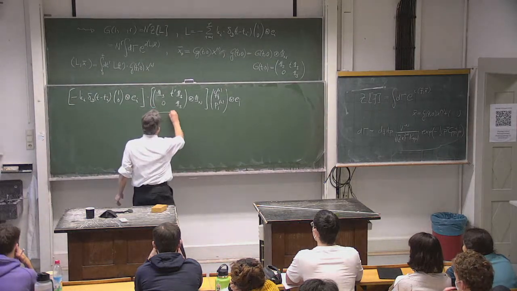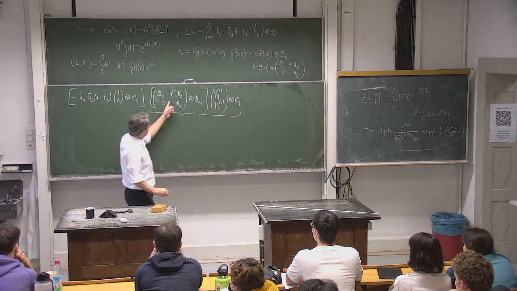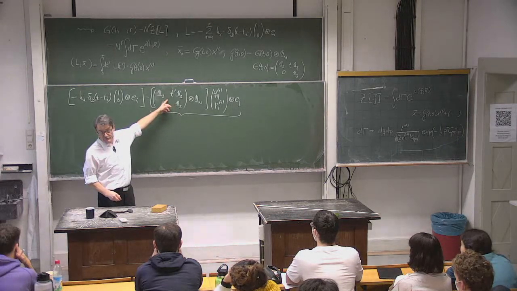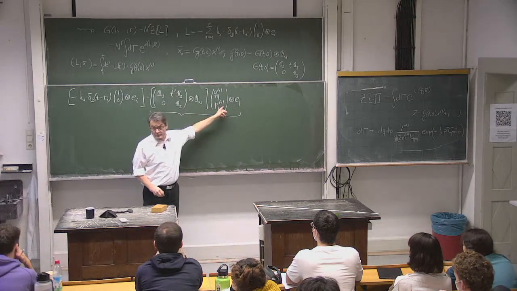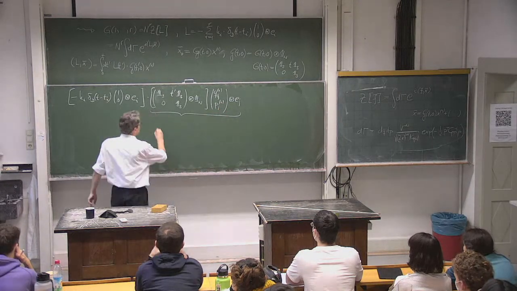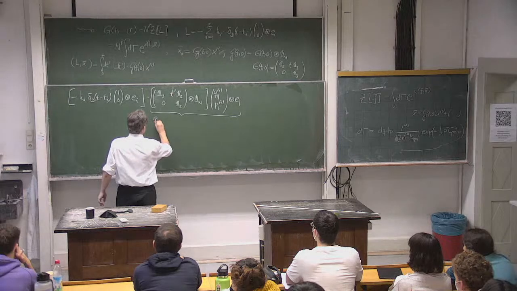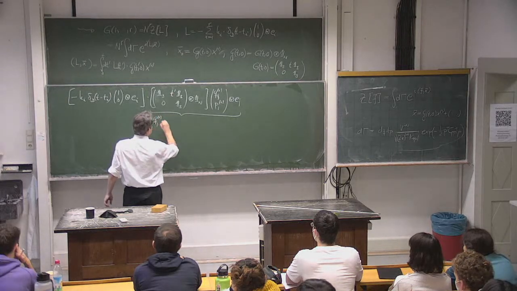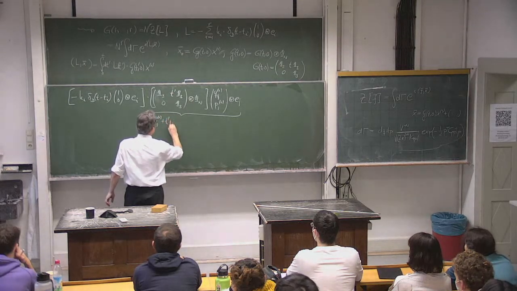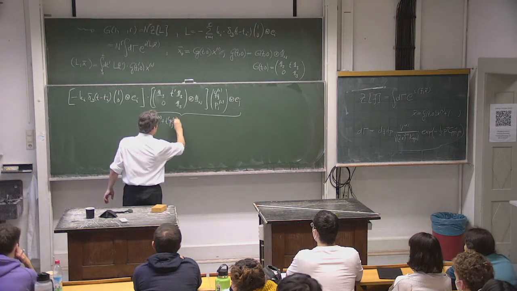All right, so the first thing will be that we have to apply this matrix Green's function here to this phase space position here, which gives you q_j^i plus t' p_j^i.